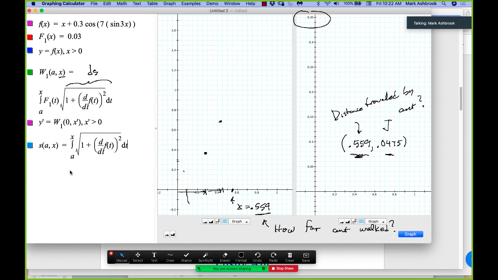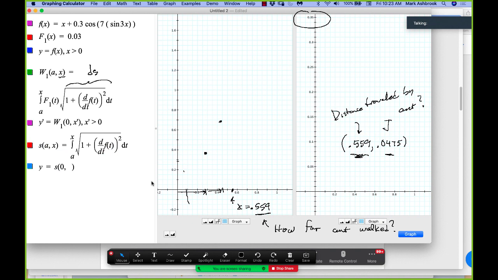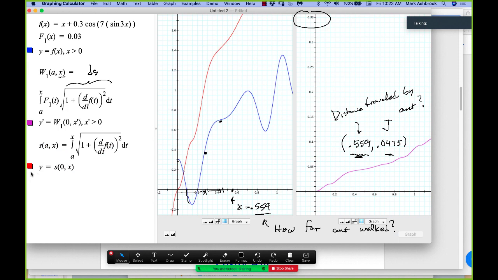Let's make this one red. Where do we want to graph that? Let's graph it over here with the actual path. Okay, so x greater than 0.